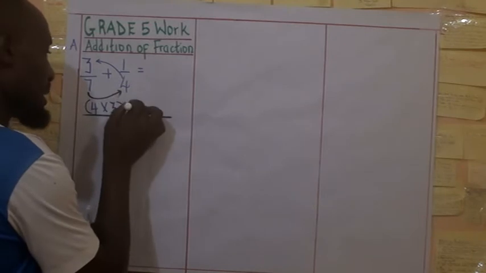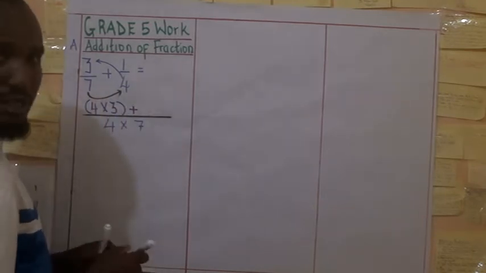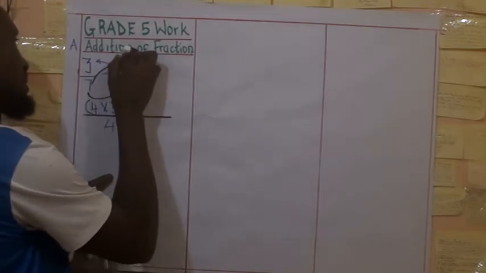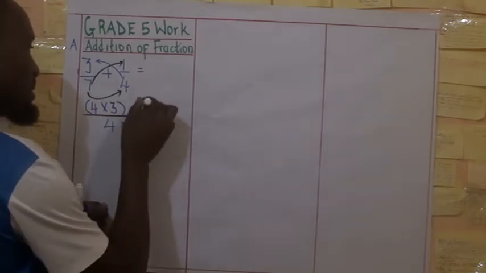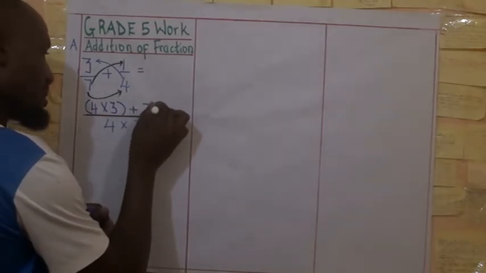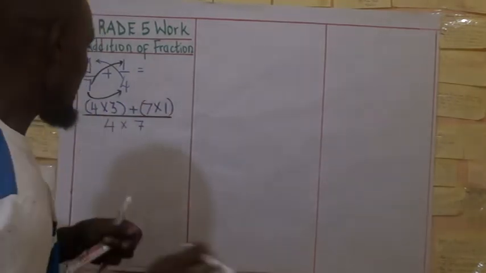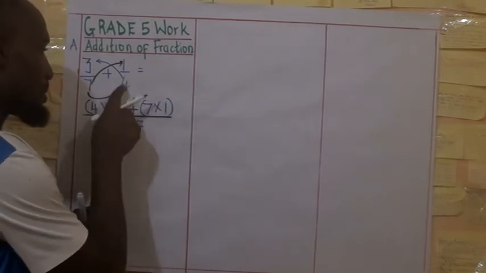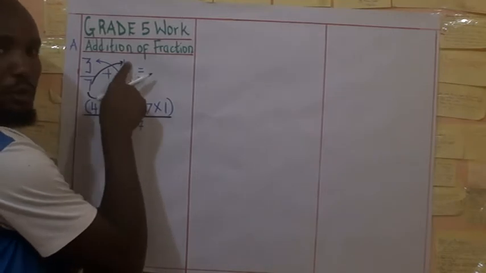Then an addition sign. And then you multiply the first denominator with the second numerator, so that is 7 times 1. Step number 1, 7 times 4. Step number 2, 4 times 3. Step number 3, 7 times 1.